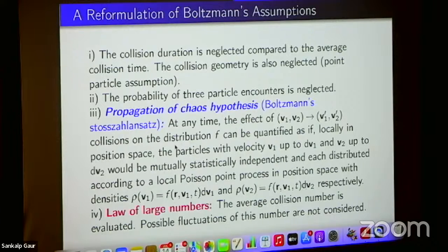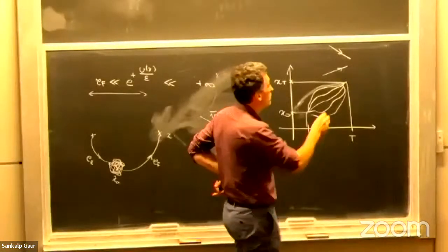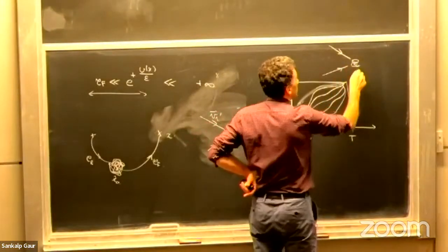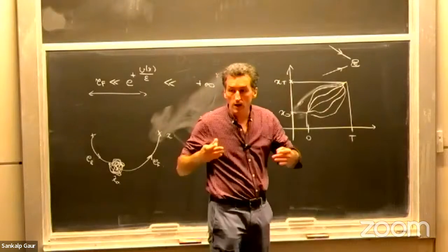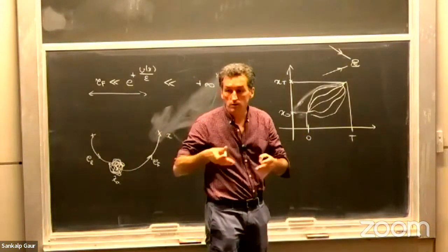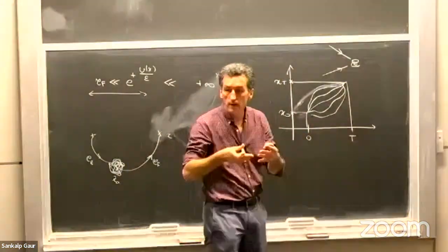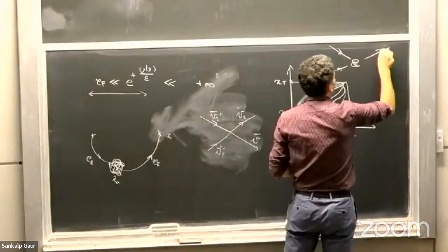So you have particles that collide. The particles will come here. They will interact. If it is a hard sphere, they just bounce, but it could be anything else. They interact, and then finally they leave.